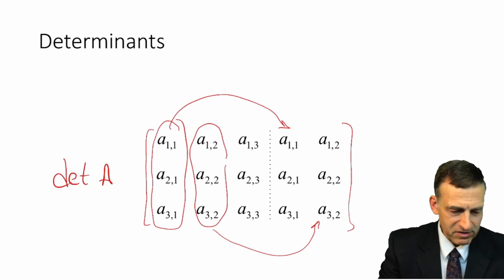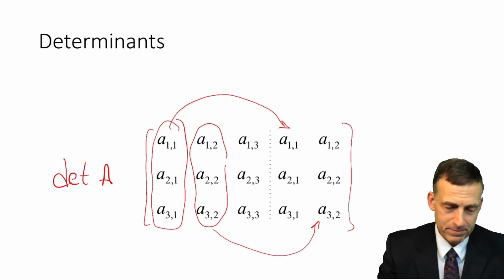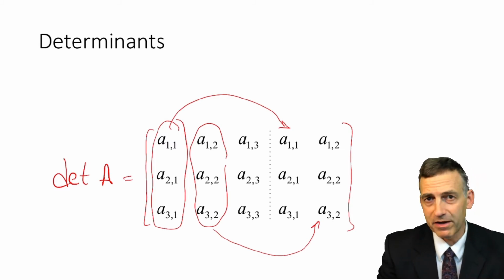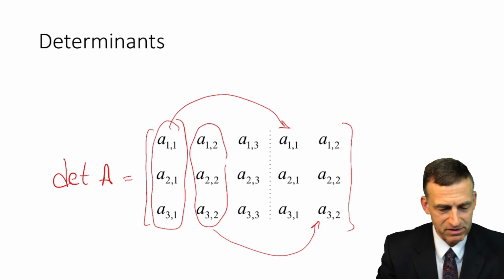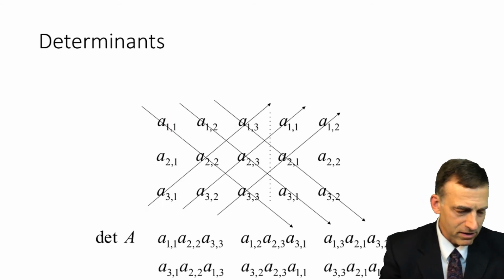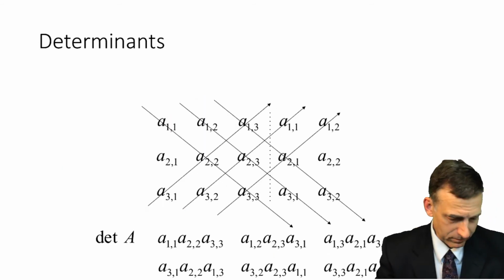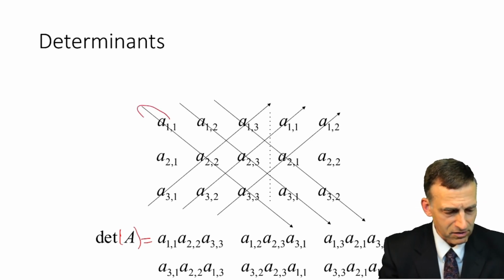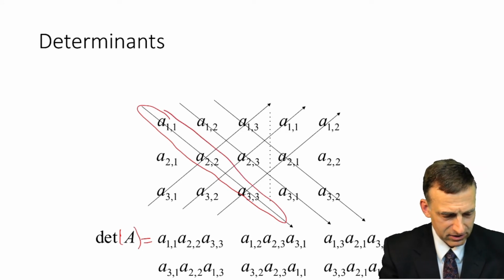Notice I'm just copying those columns over, and then to get the determinant, we're going to multiply through all of the diagonals of this matrix. So here's what that looks like. The key is, for the determinant of A, you get these down diagonals, for example this down diagonal, and you make all of them positive.